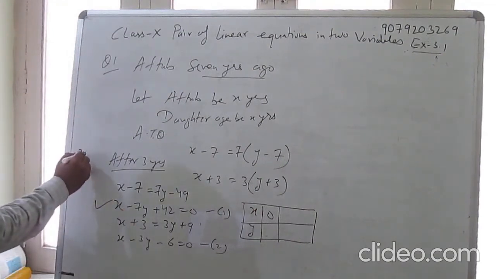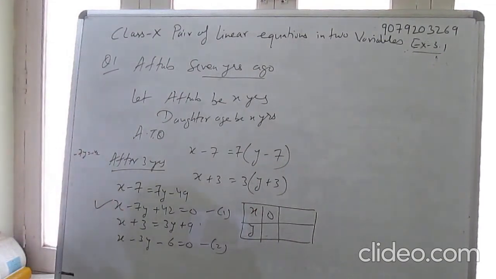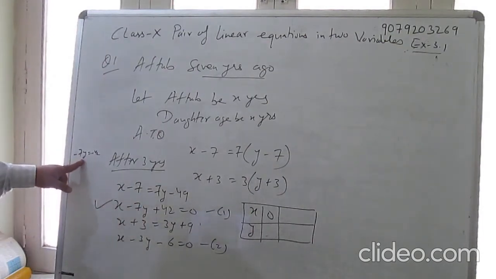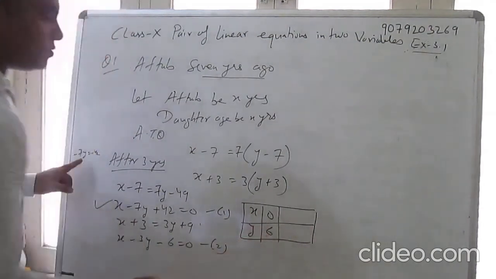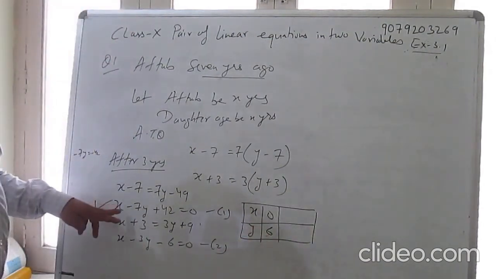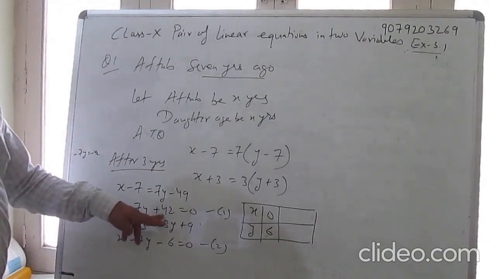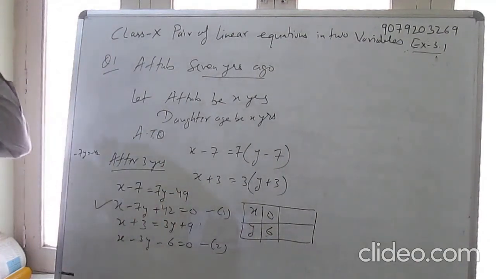Minus 7y is equal to minus 42. Taking 42 to the other side, y becomes 6. Substitute again: x 0 and y 6, so minus 42 plus 42 is 0. Left hand side is equal to right hand side.